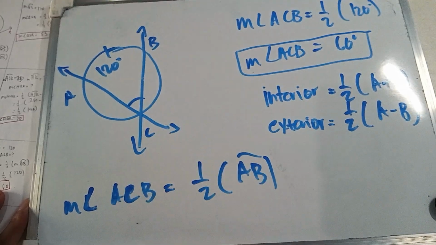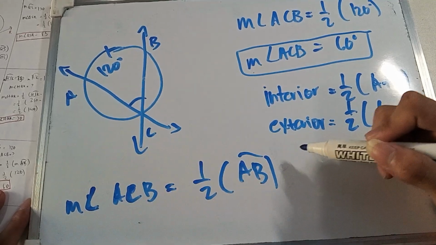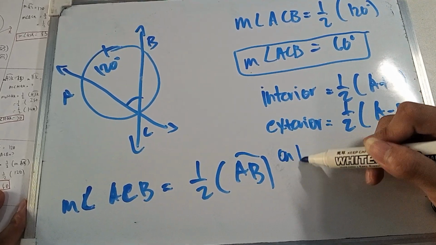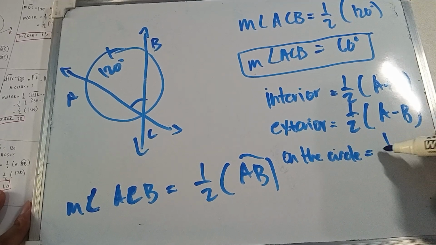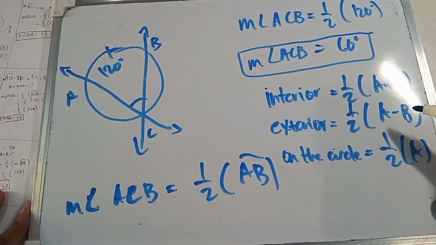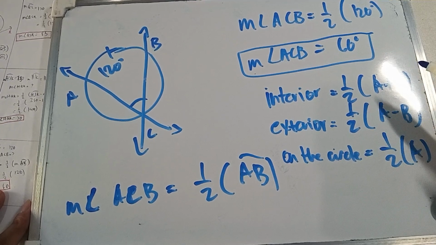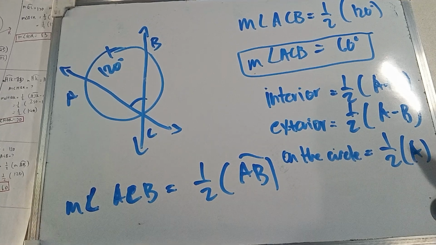But if the angle is at the circle, we just take the half of the given arc without subtracting any other. So that's it for our theorems on angles formed by tangents and secants.